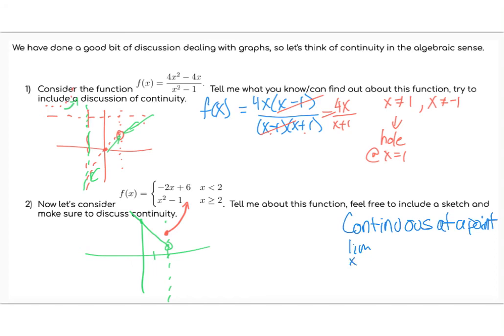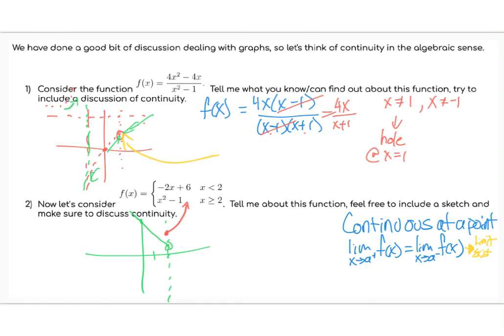The limit as x approaches a from the right of that function must equal the limit as x approaches a from the left of f of x. We've talked about this before. This is the first thing that we showed that you could do, which is that the limit exists. And now we are adding to that: if the limit exists, then we can think about continuity. But we also looked at this other example, and here the limit exists. However, this graph is still not continuous. We have a hole in the graph.